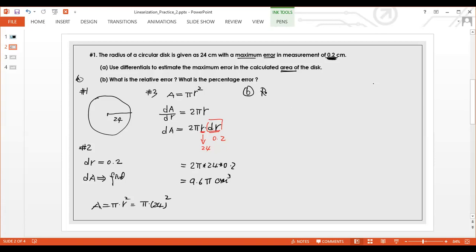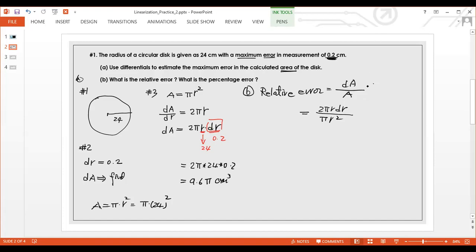The way we define the relative error is the maximum error you're going to have, compared to the true value if there were no measurement error. So in here, the relative error is dA over A. We have 2 pi r dr, and the true area is pi r squared.